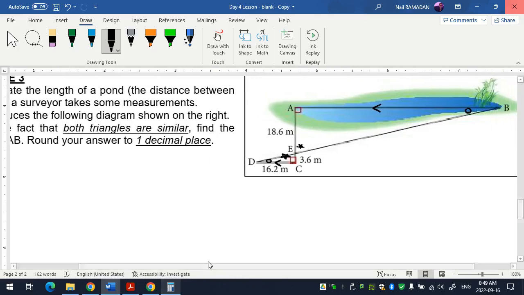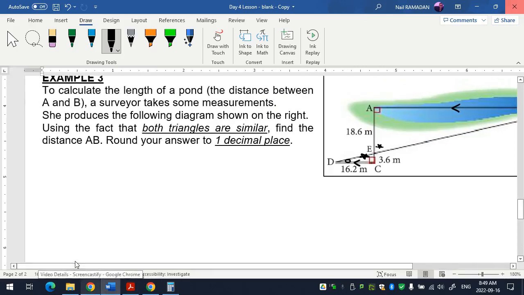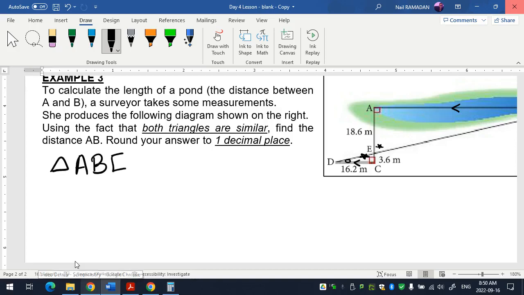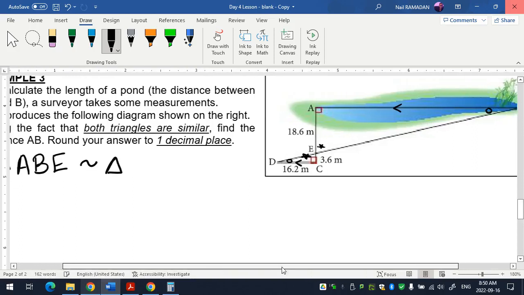Can someone tell me what is my first triangle? Yeah, Shadi. A, B, E. Okay, so we're going to go with that ordering. Triangle A, B, E is similar to triangle. If you're going A, B, E, how do you start the other one?